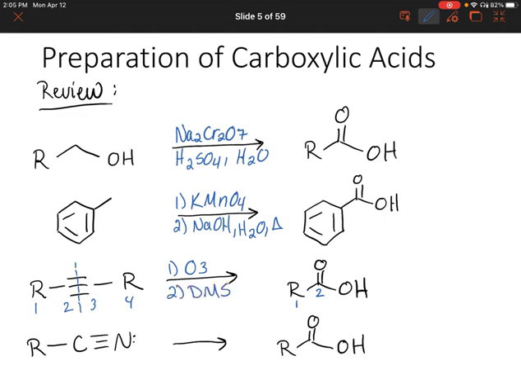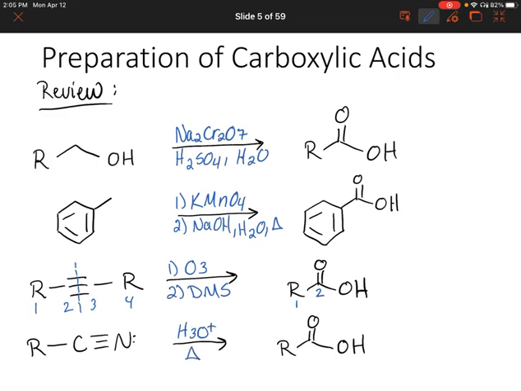All right, and then our last reaction, how would we turn that cyanide group, or that cyano group, into a carboxylic acid? Well, we can just use an acid and heat.